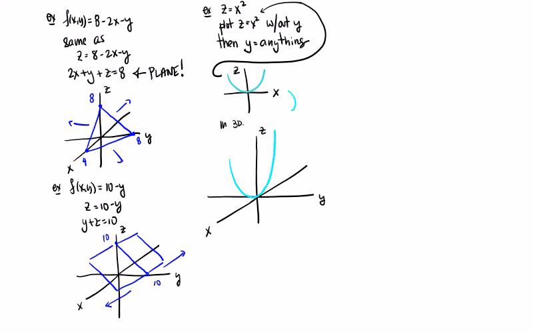Those are identical, it's a bit hard to see. Then what we do is we extend this in the y direction, because y could be anything. So you get something that looks a bit like a half pipe if you know how to skate. That's the shape. Now this has an actual name.